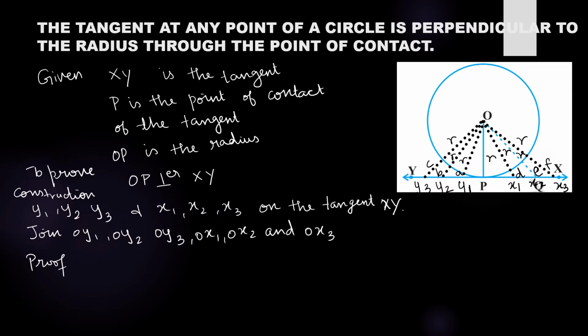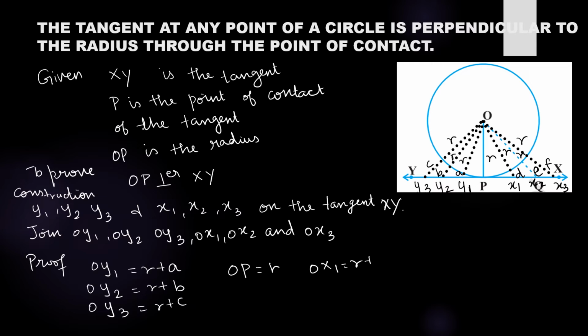Now you see OY1 equals r plus a, OY2 equals r plus b, OY3 equals r plus c, whereas OP equals r. In the same way, OX1 equals r plus d, OX2 equals r plus e, OX3 equals r plus f.